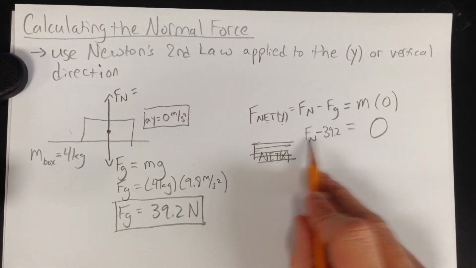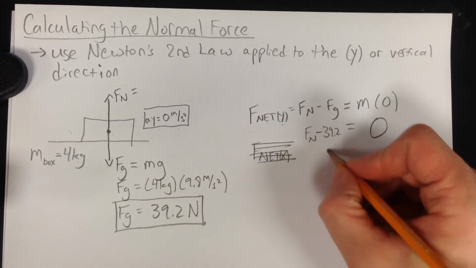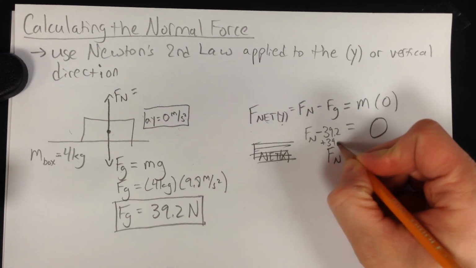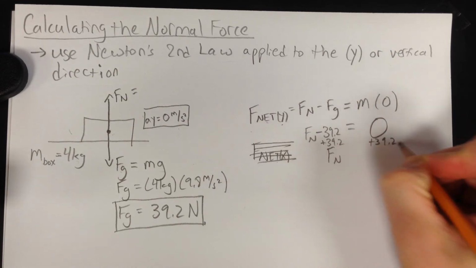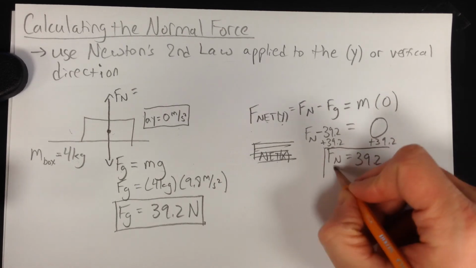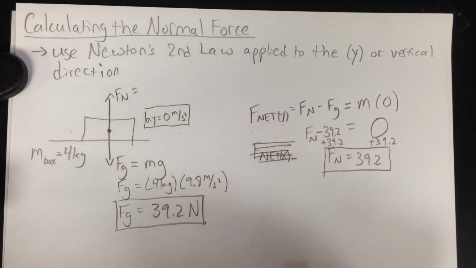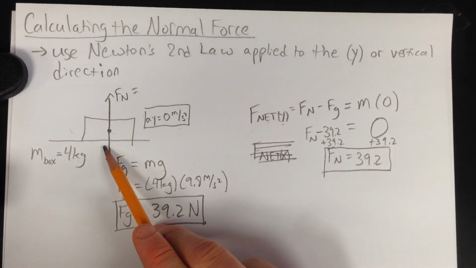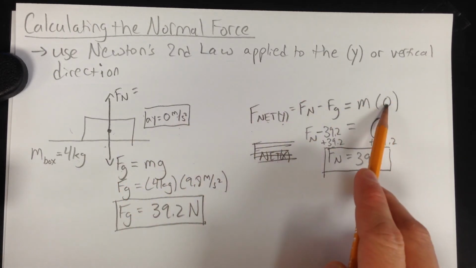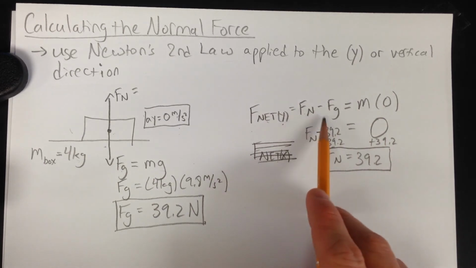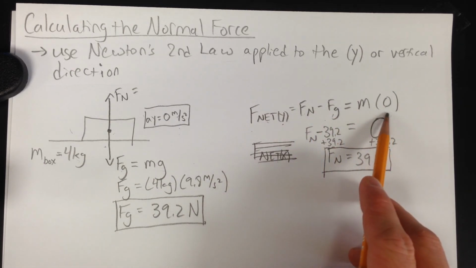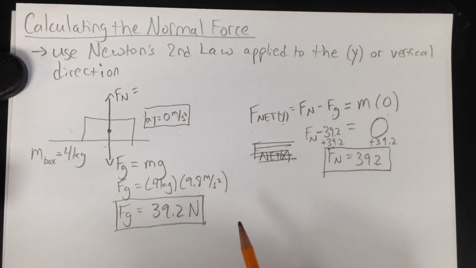And you can see just visually here, what's Fn going to be? 39.2. So just like before, using Newton's second law applied to the y direction now, you always need the force diagram first. If it remains at rest, you know ay is 0. You could plug that in and then go ahead and calculate weight, and that'll get you your normal force, knowing that ay is 0. Thanks, guys.